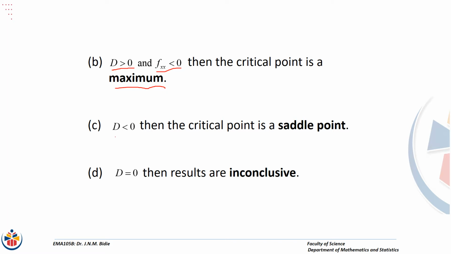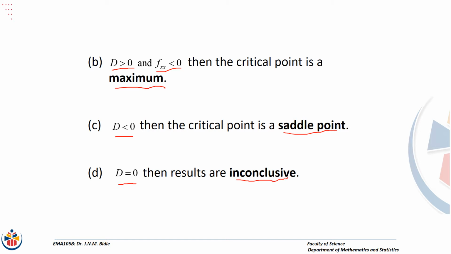Then what happens when D is not positive? If it is negative, then we say we've got a saddle point. But after finding that determinant, if we get the result that D is equal to 0, then we are going to say the results are inconclusive.